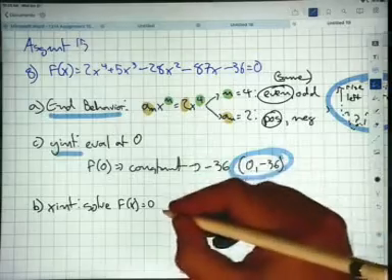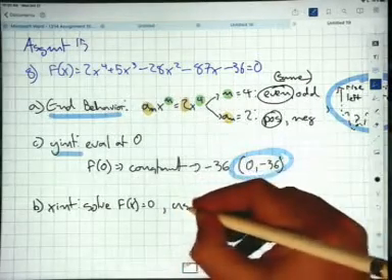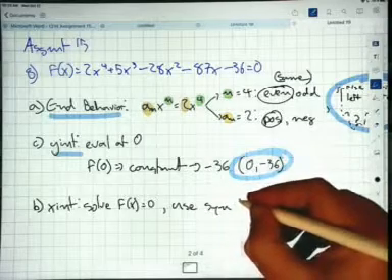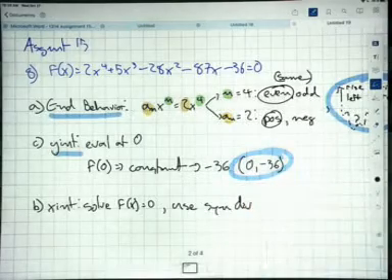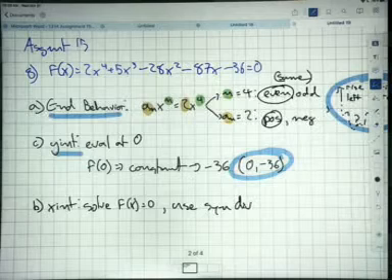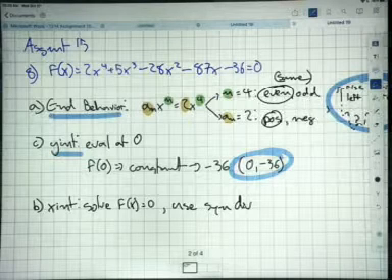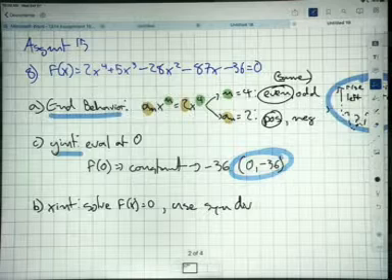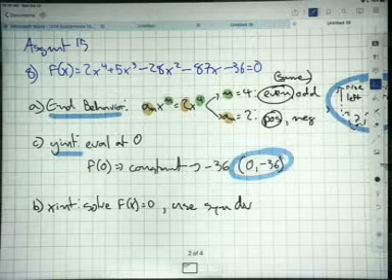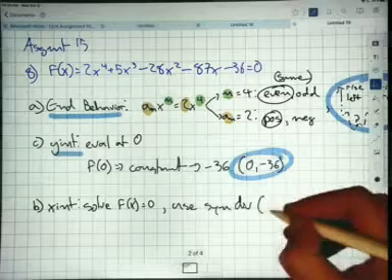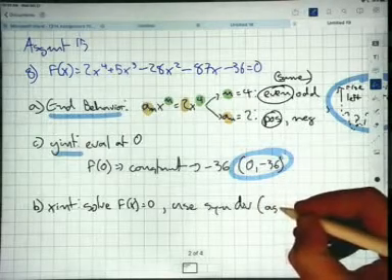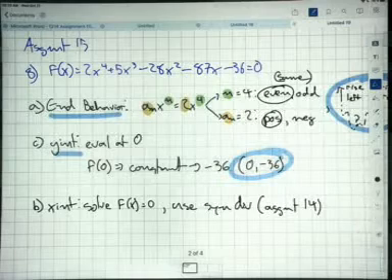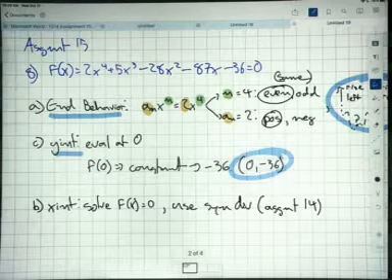So we're going to have to use synthetic division to find the roots of this polynomial function. This is basically what we did in assignment 14. This is what we talked about on Monday.